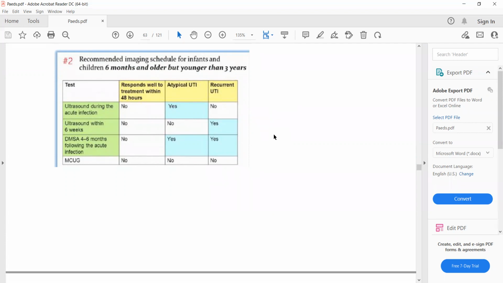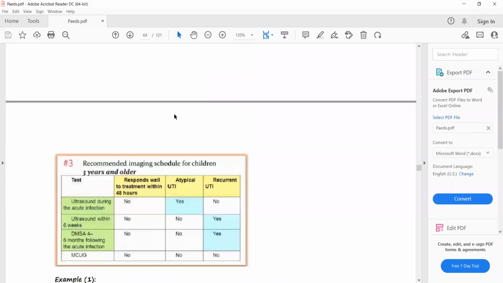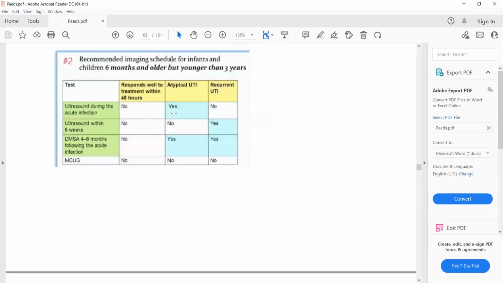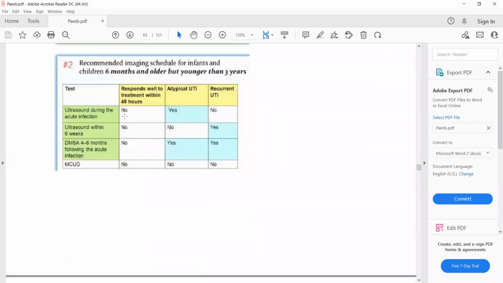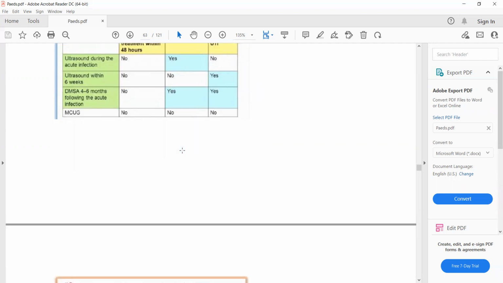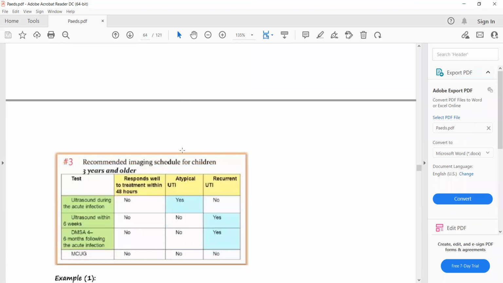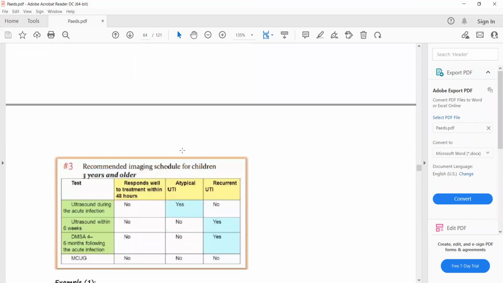So in case of atypical UTI, ultrasound will be done immediately, no matter whatever the age group is. In children who are older than 6 months, in case of atypical UTI, immediate ultrasound will be done and the DMSA will be done at its time, that is 4 to 6 months, and it is not done in children who are 3 years and older.